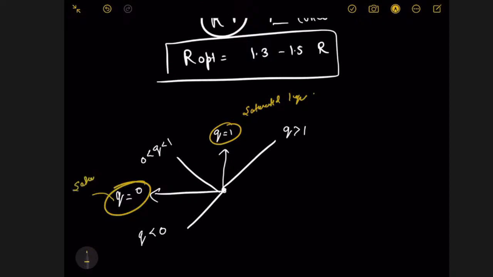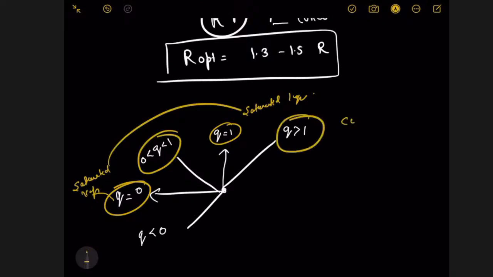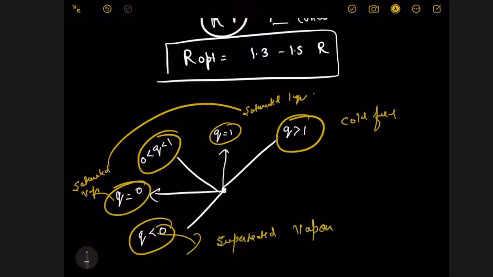Saturated vapor if it is 0. In between means between liquid and vapor. Greater than 1 means cold feed. Less than 0 means superheated vapor. So this will give you the data regarding the position.